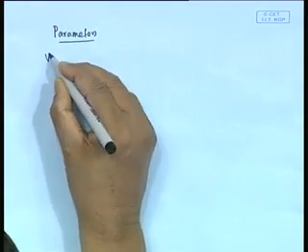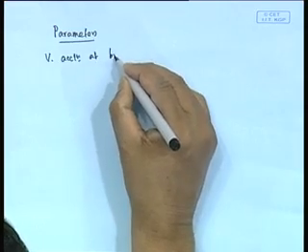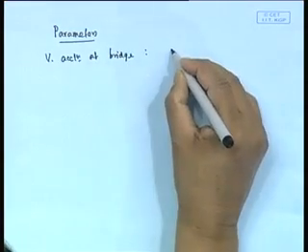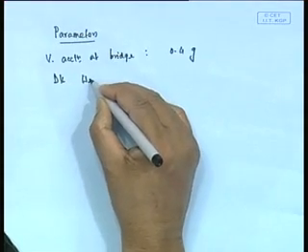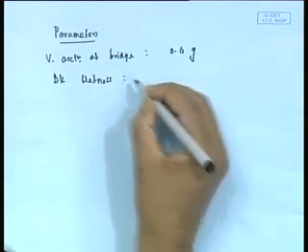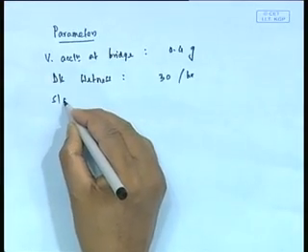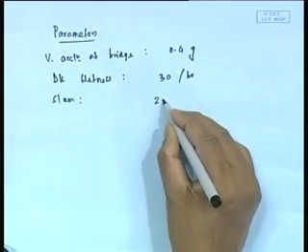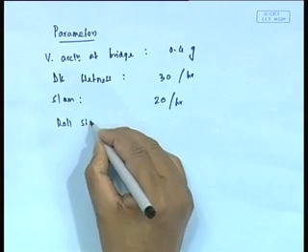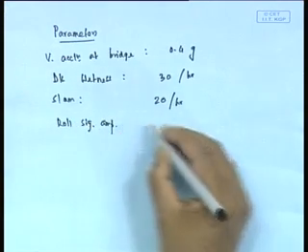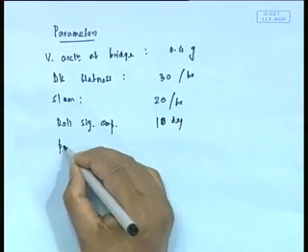It says vertical acceleration at bridge 0.4 g, deck wetness 30 per hour, slamming 20, almost the same thing, roll significant amplitude is 10 degree, pitch.